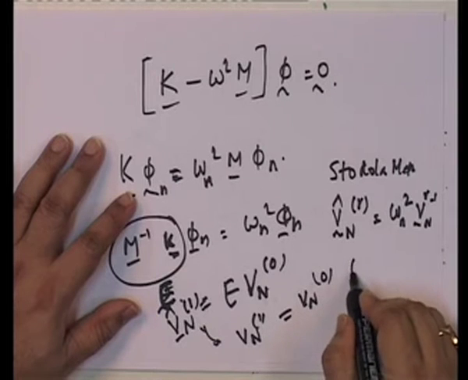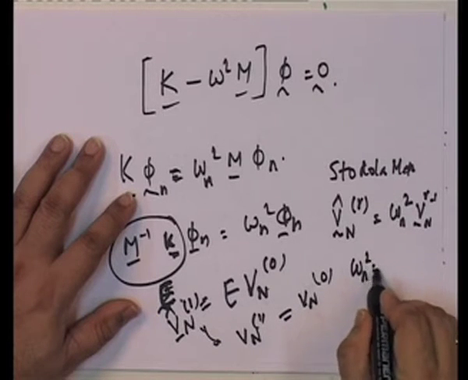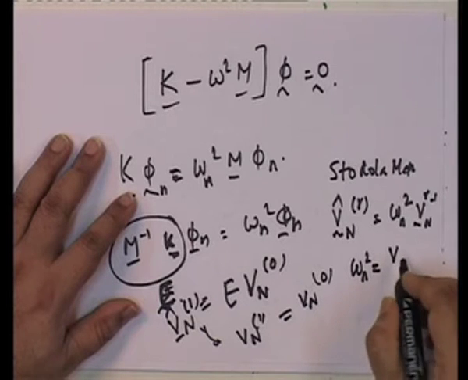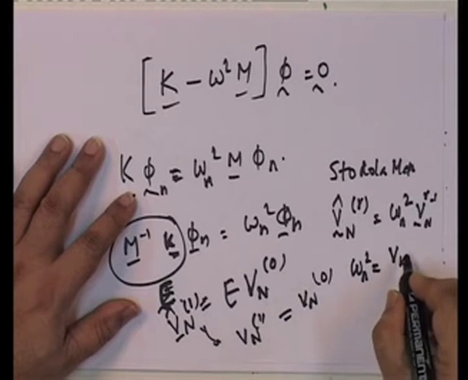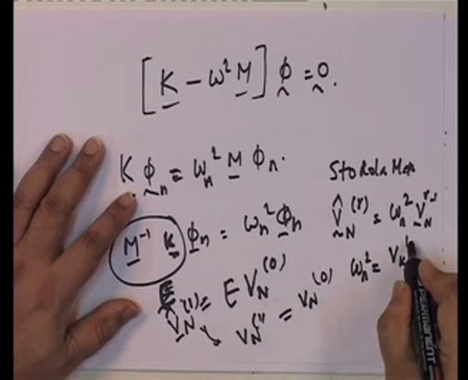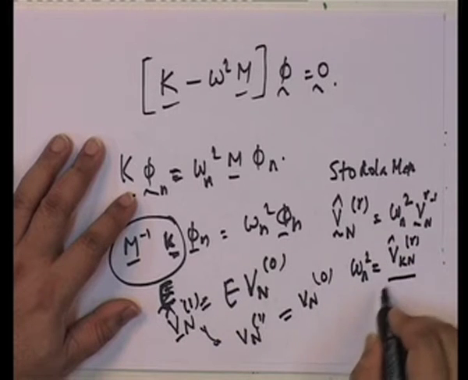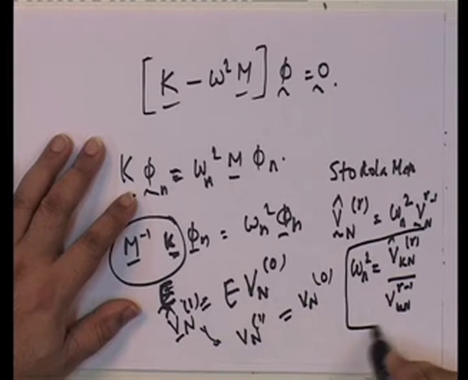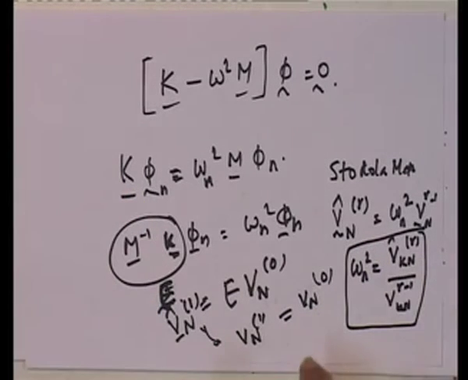And so, what we have is omega n squared basically becomes the sum of V k of n r tilde upon V k n r minus 1. This is my omega n, and this is how this entire thing works.